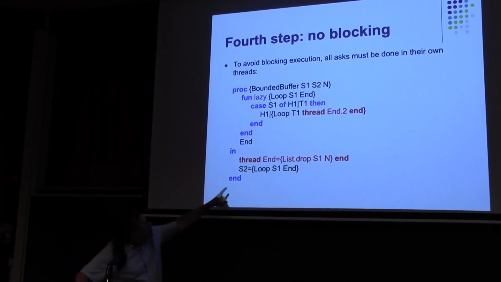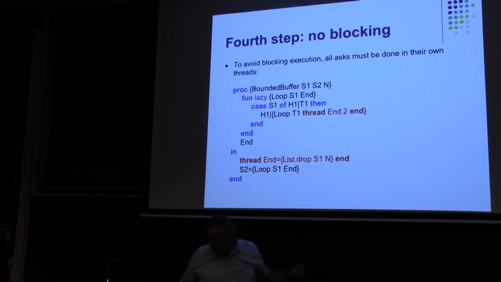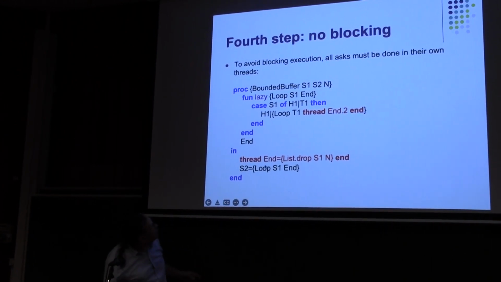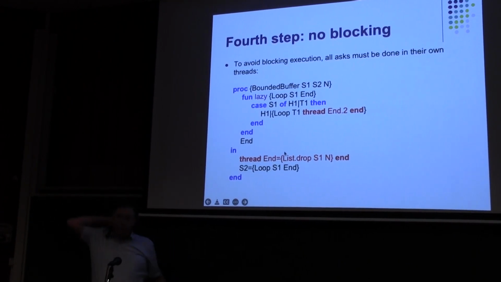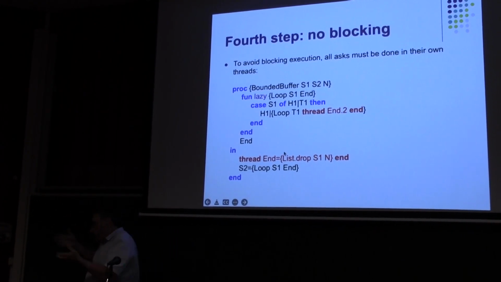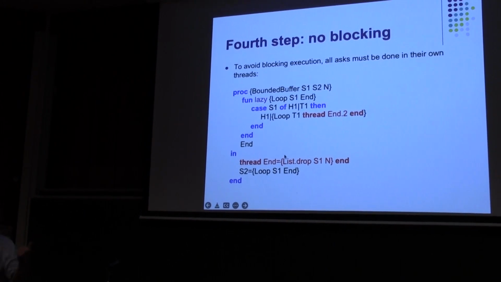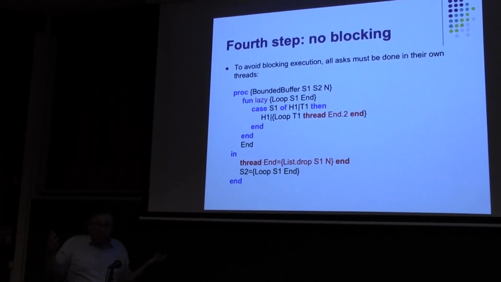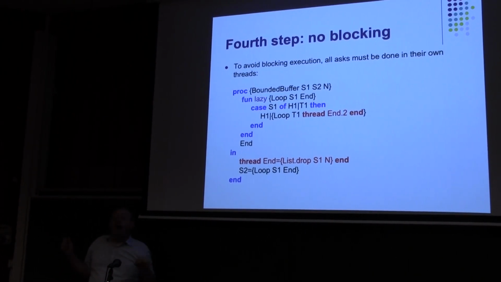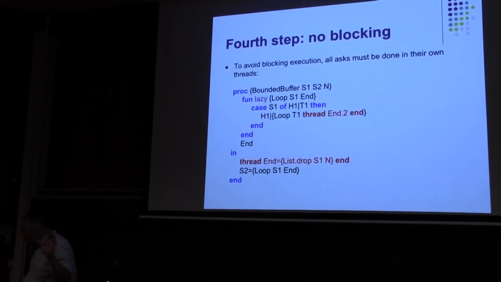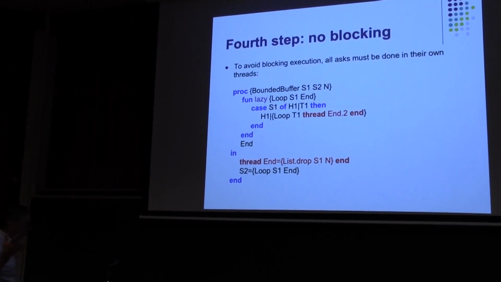So these two operations, the startup thing here, and the staying full thing, have to be put in their own threads. Otherwise, the buffer is going to be waiting until the producer generates the elements. But we don't want the buffer to wait, so we just put them in their own threads. And this will not add any bugs. It will just allow the buffer to go forward.